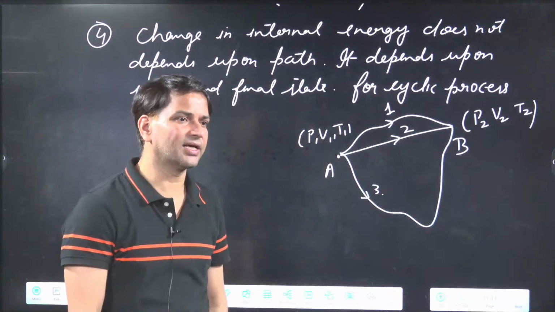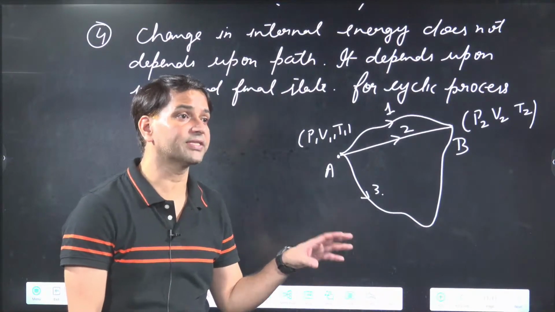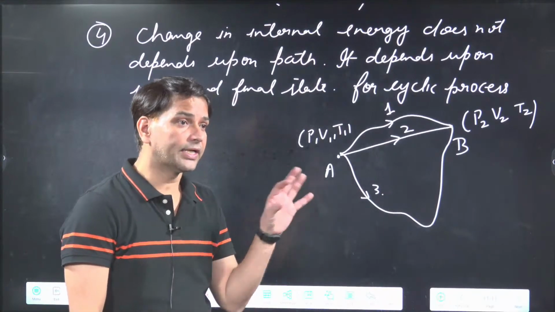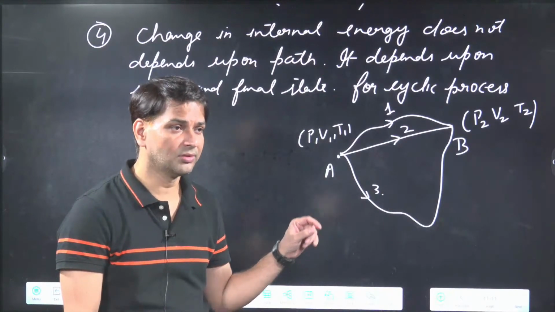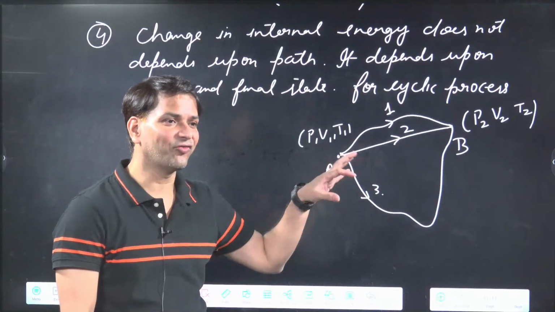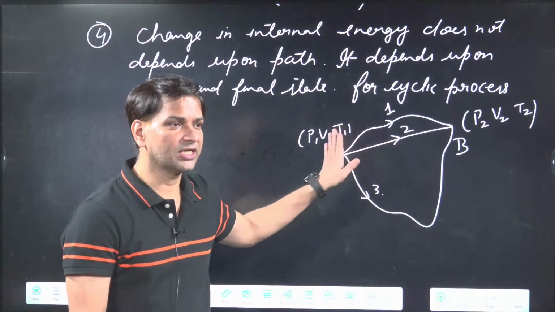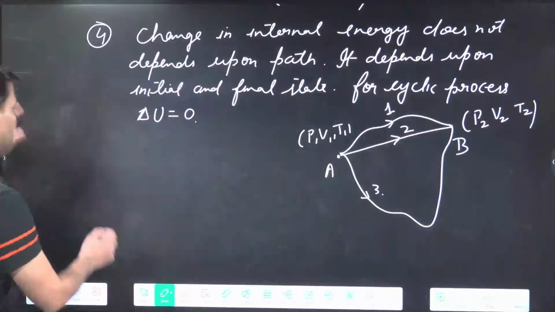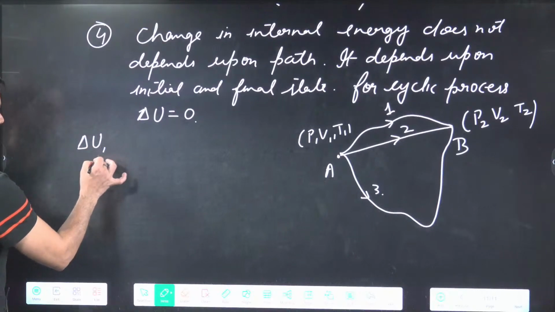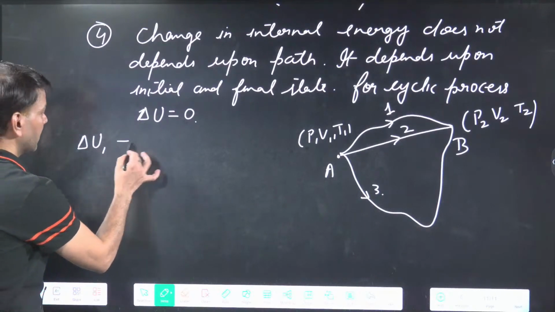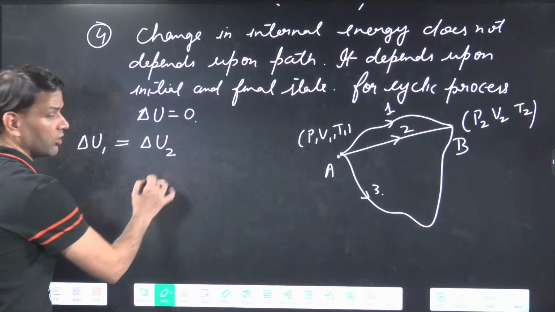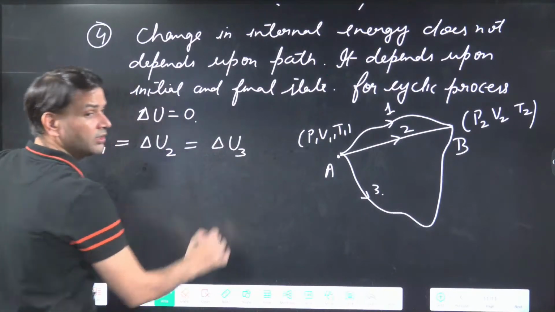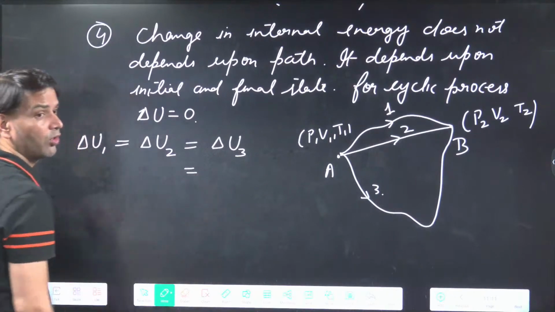So the change in internal energy for all the paths will be the same, because the change in internal energy does not depend upon the path. It depends upon the initial and final state. So delta U1 for process 1 is equal to delta U for path 2, which is equal to delta U for path 3.